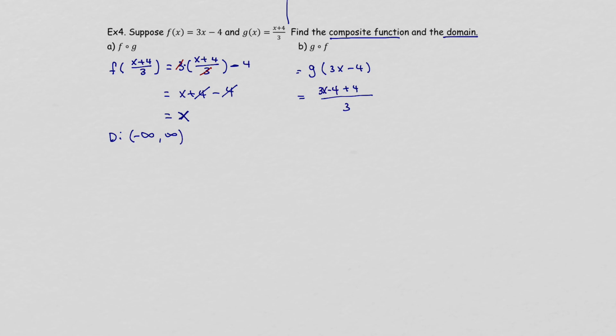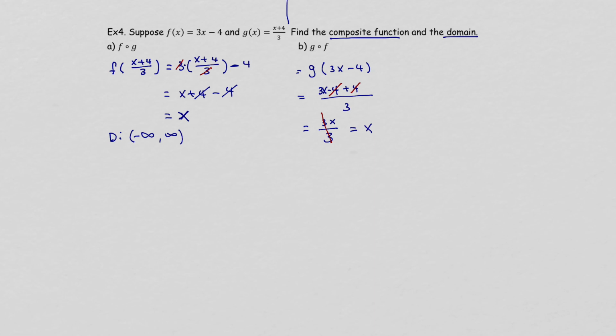If it's a fraction, you want to simplify numerator by numerator, denominator by denominator. So when you simplify the numerator first, the opposites cancel out. You get 3x over 3. 3 over 3, that's 1. Which will give you x.